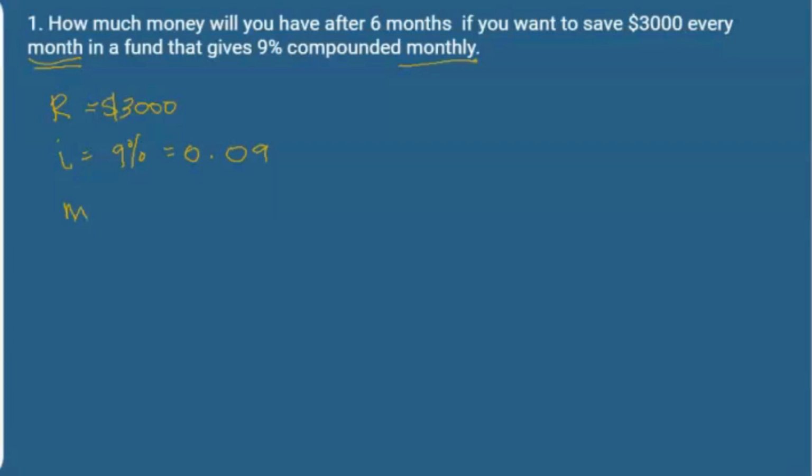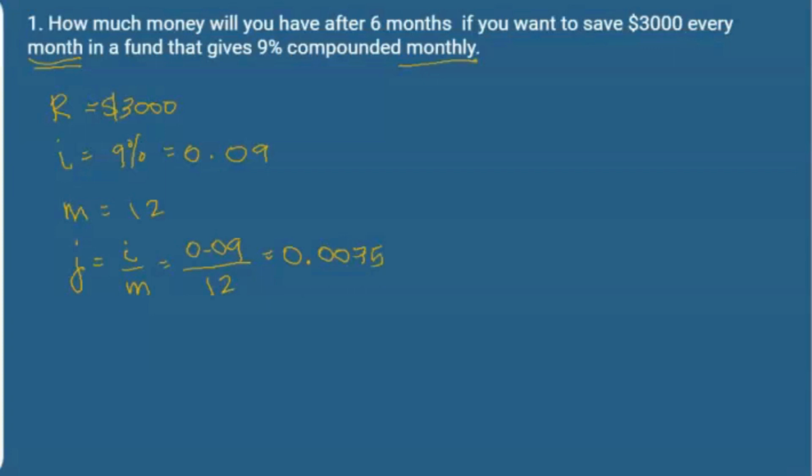Our m, because it's compounded monthly, is 12. Therefore, to get our j, that's i over m, so 0.09 divided by 12 is equal to 0.0075.